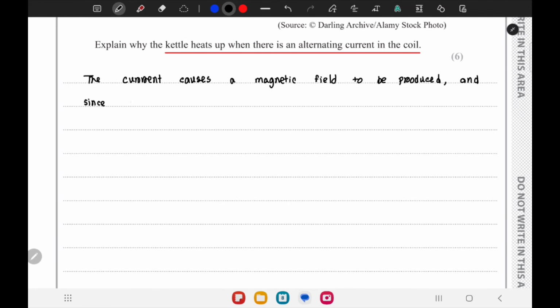And since alternating current is used, the magnetic field would be alternating.